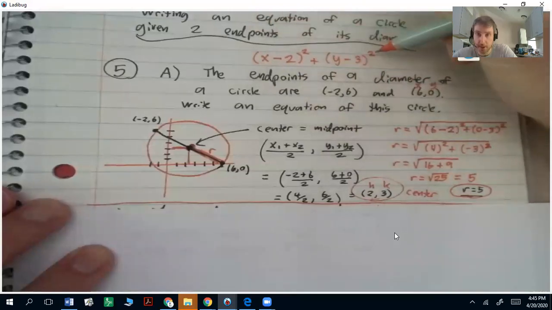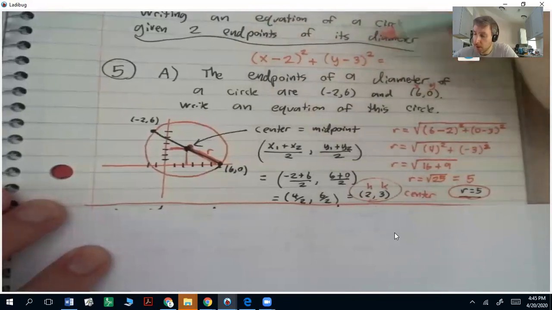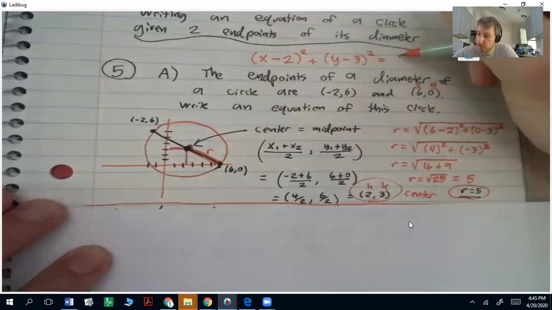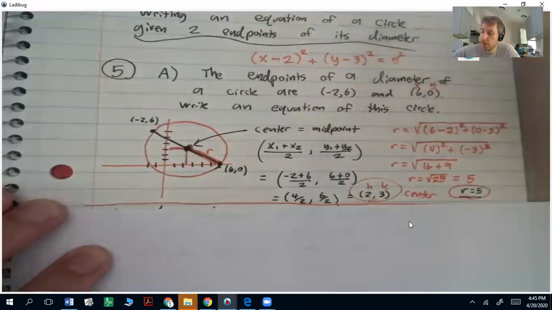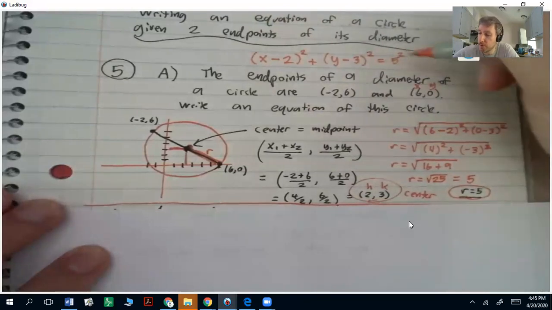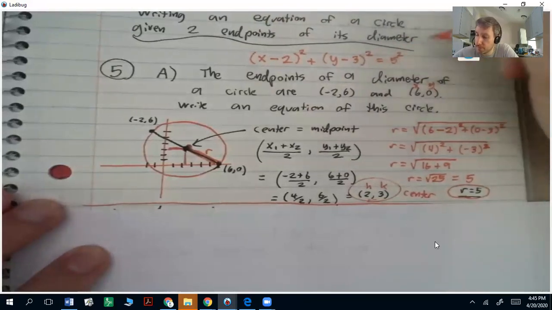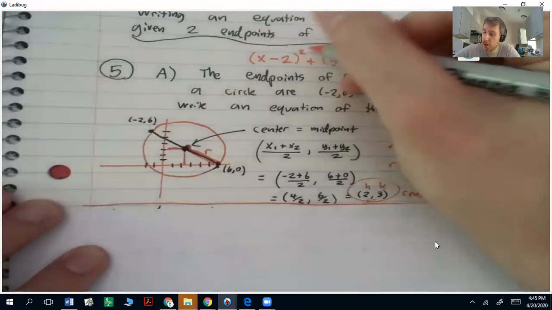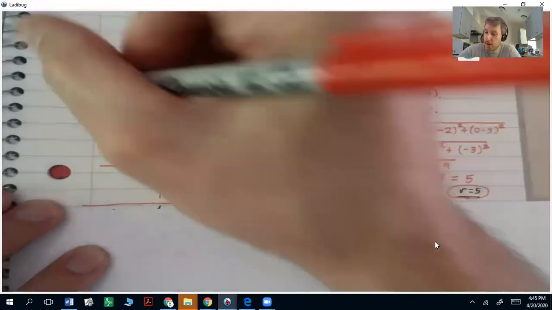Don't forget the squares on the outside of the parentheses. And equals the radius squared, equals 5 squared. But we really want to say that's 25. So we say equals 25. So (x minus 2) squared plus (y minus 3) squared equals 25.